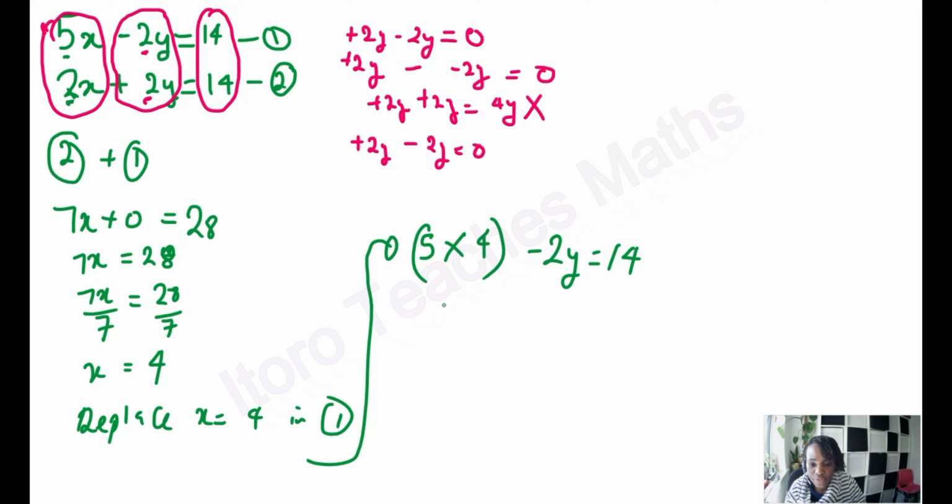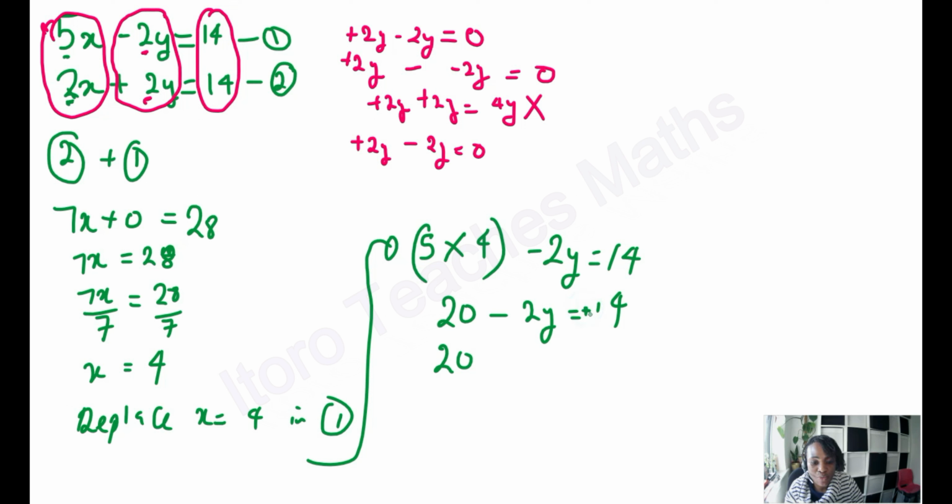So 5 times 4 is 20. 20 minus 2y equals 14. And now we're going to swap things over the equal sign. So we're going to start with a 20. Let's bring 14 over the equal sign. Remember here, because there's no sign here, this is automatically a plus.